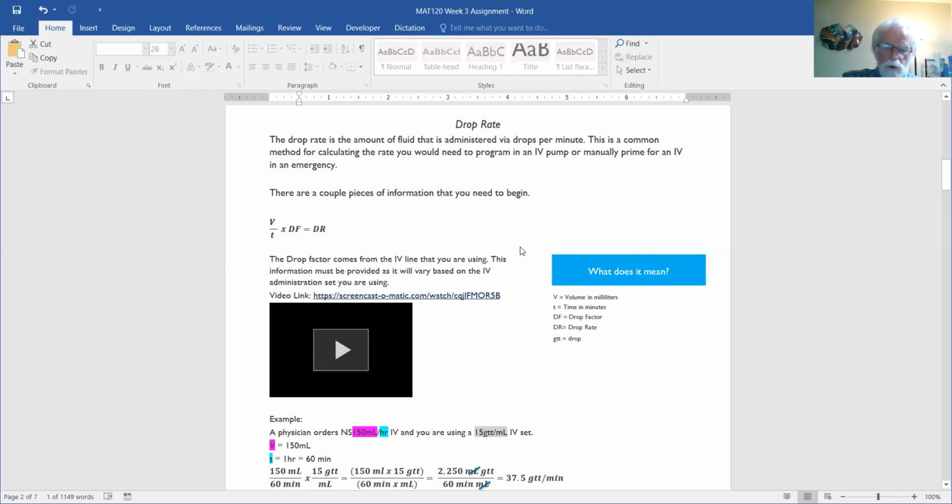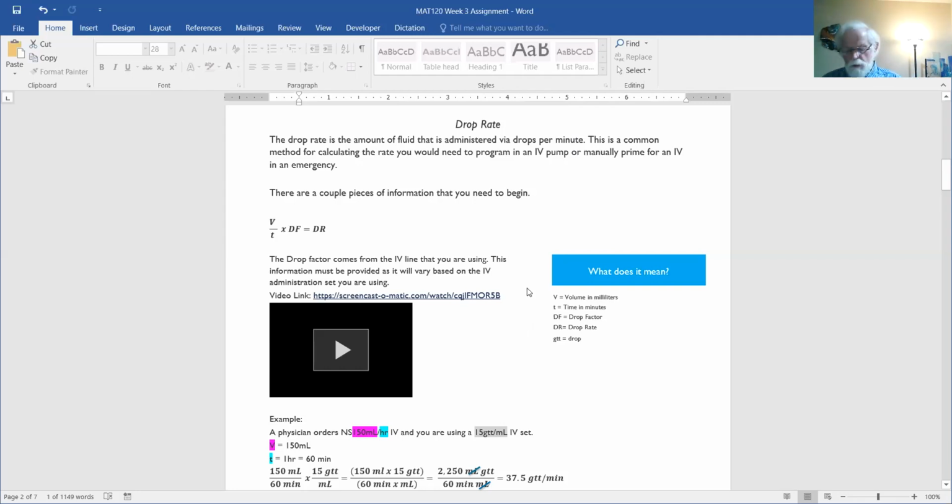If you are, however, using the 60 drop per milliliter, then you've got 60 drops per minute, or 1 per second. If you're off by 1 drop, that's a very, very small error, 1/60th. So we look at the volume that's going in when we have a choice.